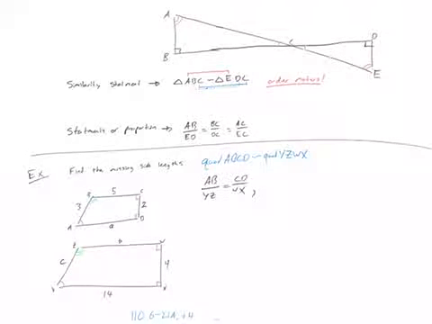Let's go BC over ZW would equal, let's go ahead and use those bottom ones, AD over YX.